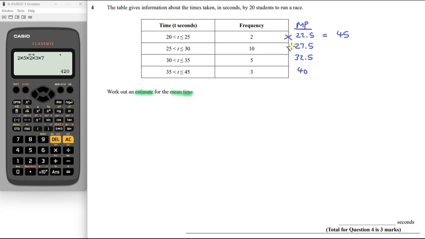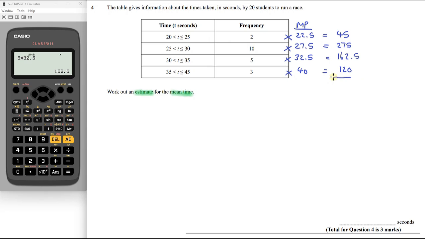And I'm going to do the same for each interval. 10 times 27.5 is 275. 5 times 32.5, let's put that into the calculator. 5 times 32.5 gives us 162.5 seconds. And then finally, 3 times 40 is 120 seconds. So we know how long it took for each of these intervals.